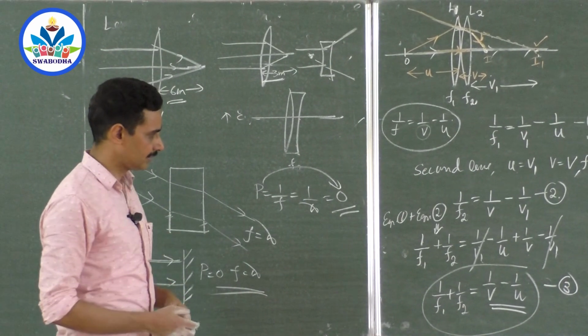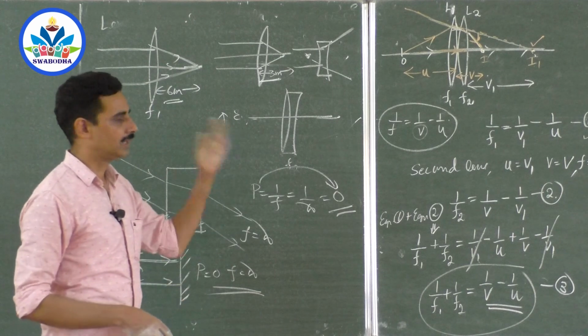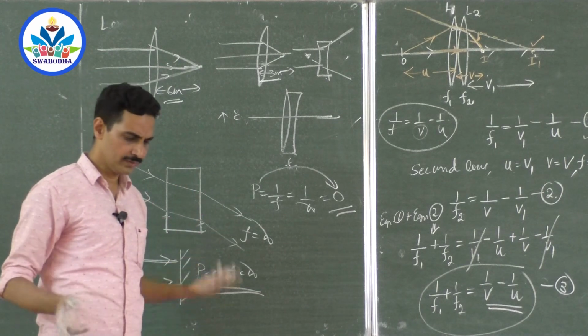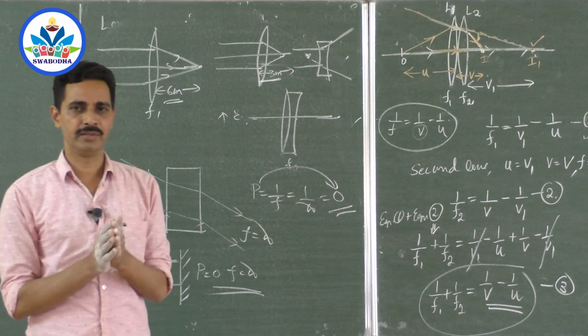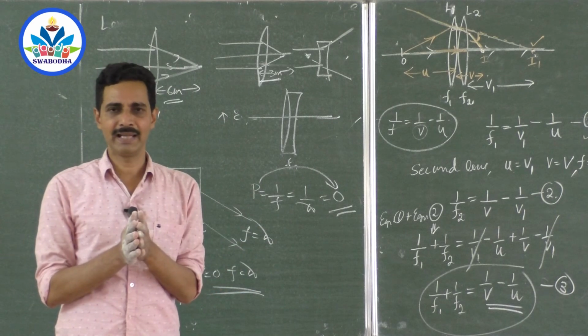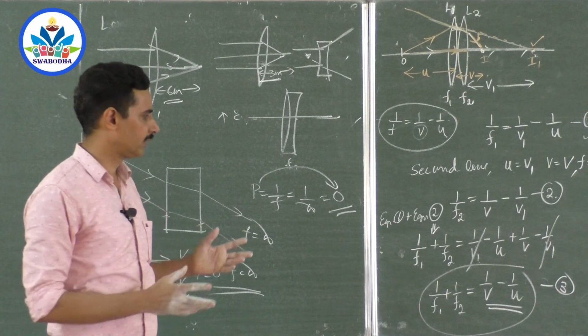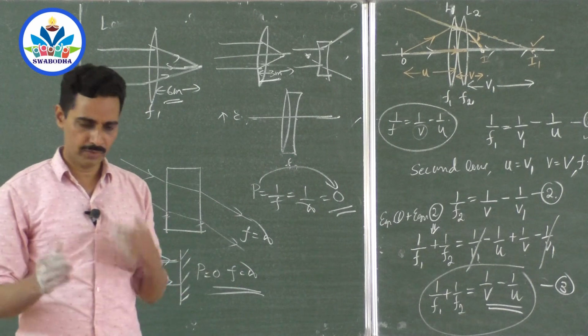So the important derivation is over. Lens maker's formula, refraction at a curved surface, and thin lenses in contact, everything is important. Now we are left with so many types of problems and we have to combine them. We will see that in the next class. With all the problems of different varieties, you have to do one thing.